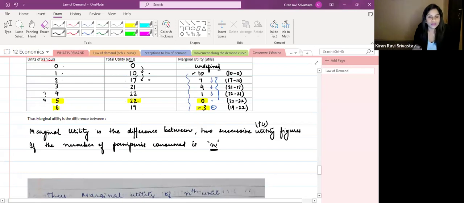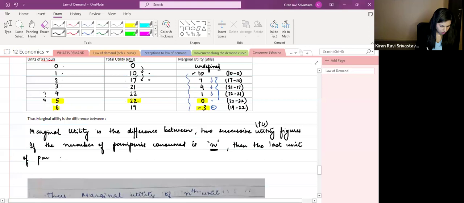So if the number of pani puris consumed by Bunty is n, then the last unit of pani puri to be consumed by Bunty will be the nth unit.